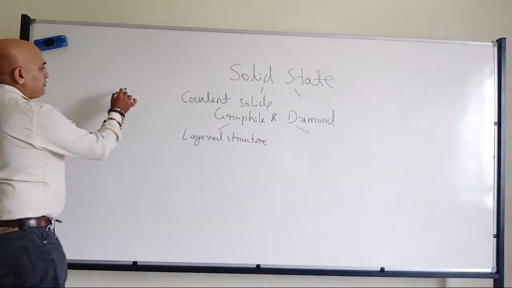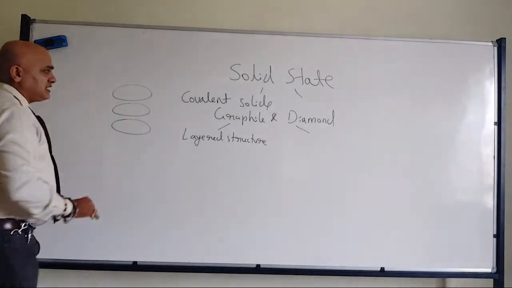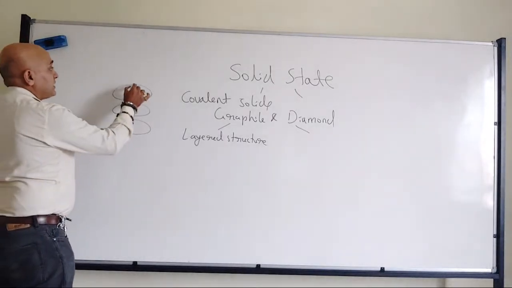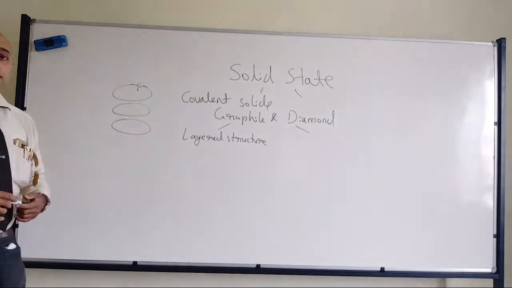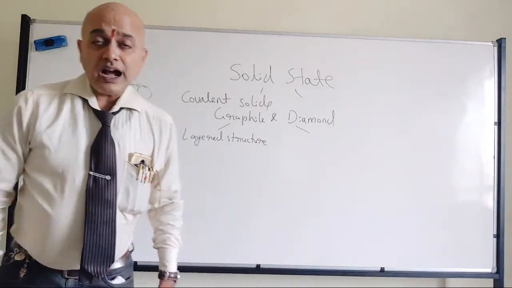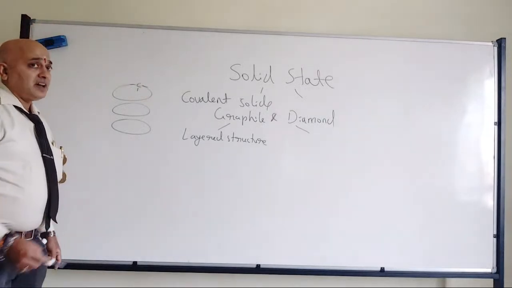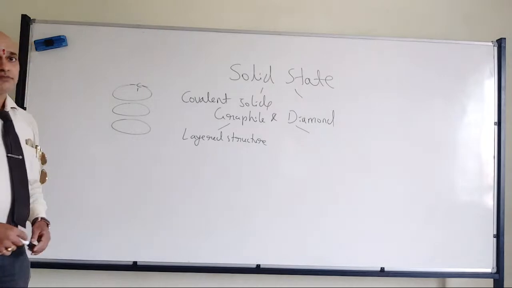This is one layer, this is another layer, this is another layer. In each layer, a carbon will be interacting with three other neighboring carbons, and that's how they are arranged layer-wise.